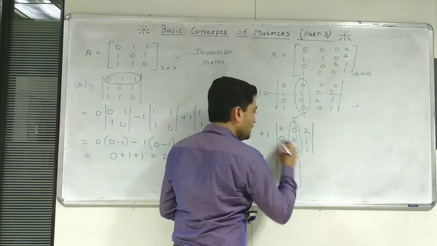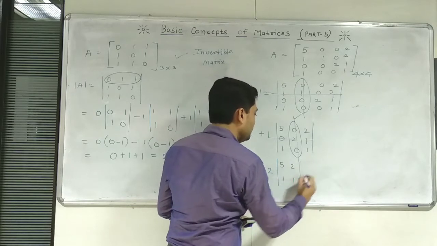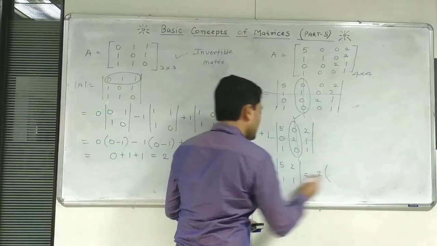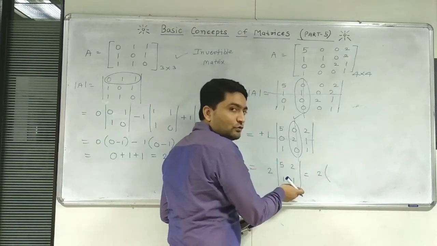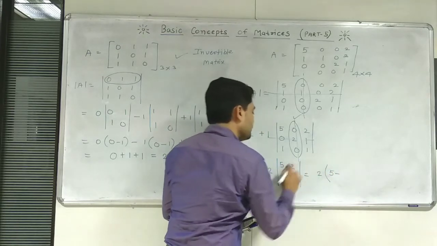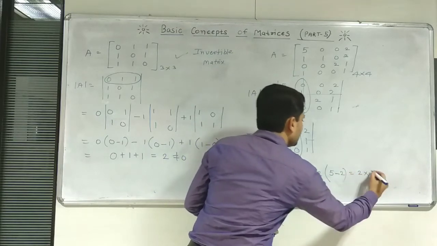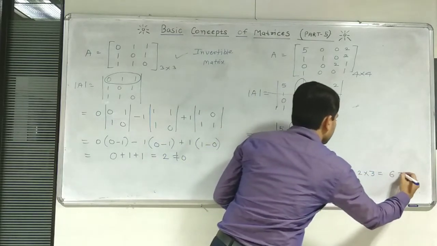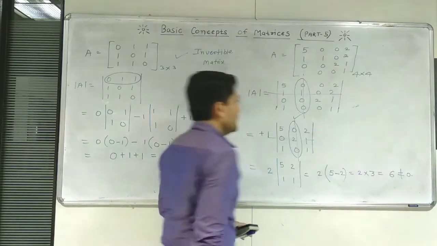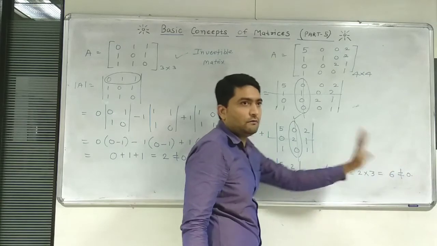Removing this column and this row, we get 5 2 1 and 1, so 2 multiplied by the determinant of the 2 cross 2 matrix: 5 multiplied by 1 is 5, minus 2 multiplied by 1 is 2, so it is 2 multiplied by 5 minus 2, which is 3, so it is 6, which is not equal to 0. That means the determinant of the 4 cross 4 matrix is 6, which is not equal to 0.